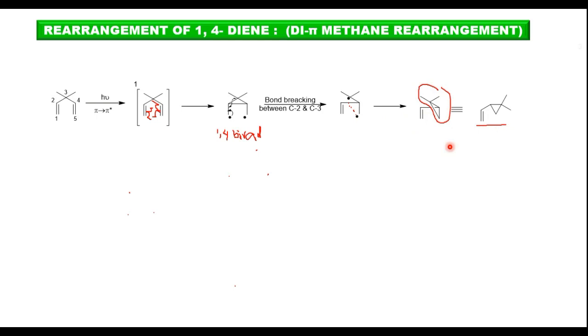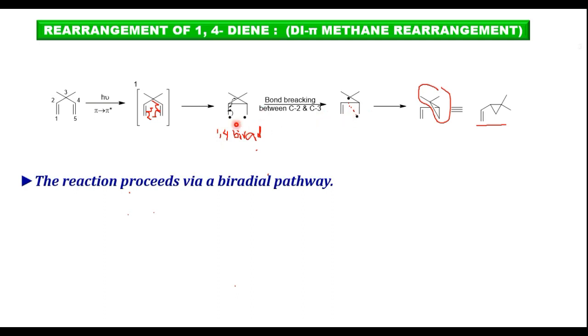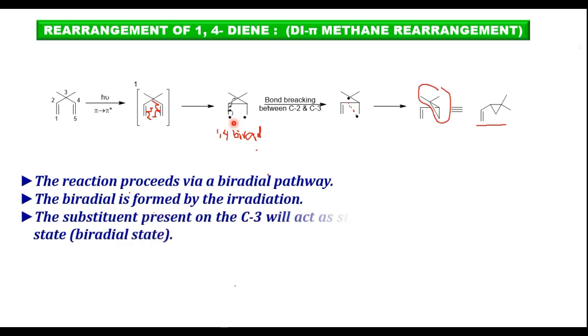So friends, what kind of reaction is it? This reaction is proceeding via a biradical pathway, because two radicals are forming in each intermediate. Here the biradicals are formed through irradiation. The substituent present at the C3 position stabilizes the intermediates, that means the biradical intermediates.